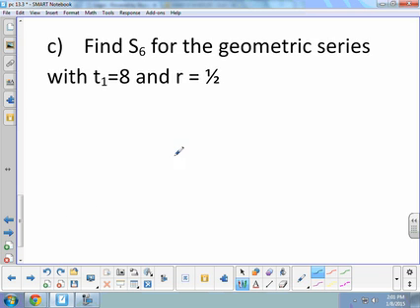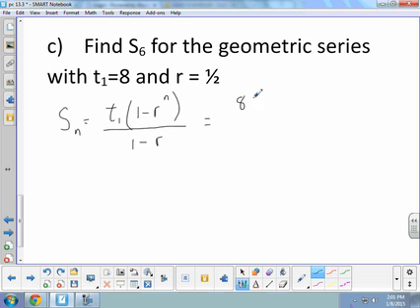All right, on this one, we are moving to a geometric series. They tell us our first term, and they tell us what r is. So we want to make sure we use the correct formula. S sub n equals our first term times 1 minus r to the n, all over 1 minus r. This is just going to be a matter of plugging things in.